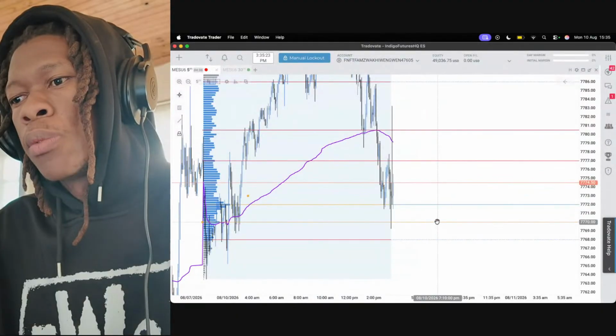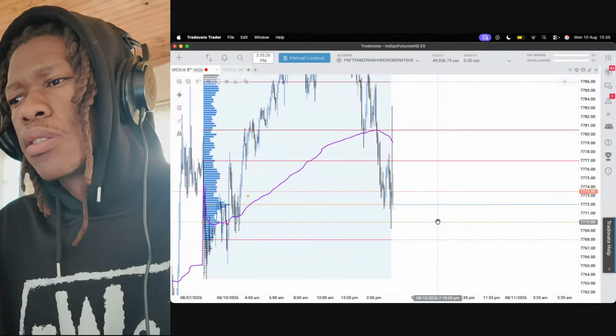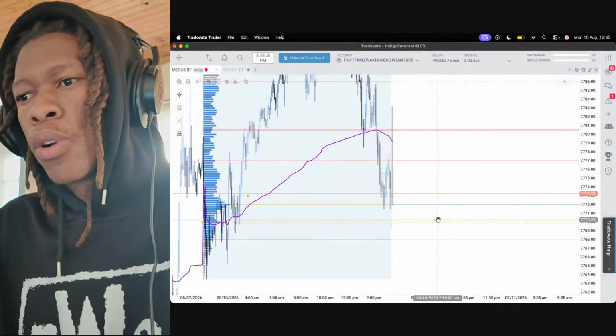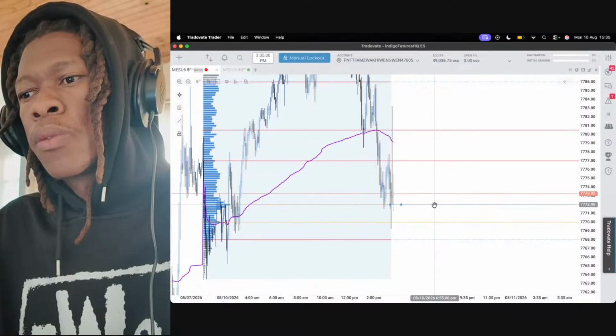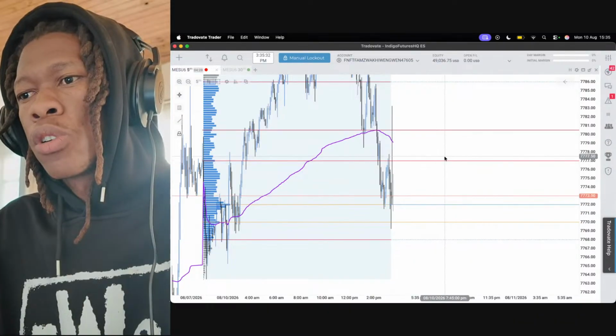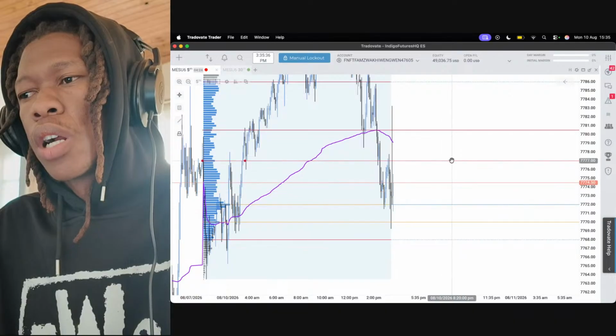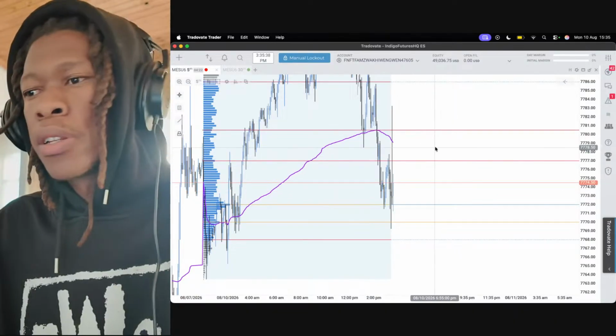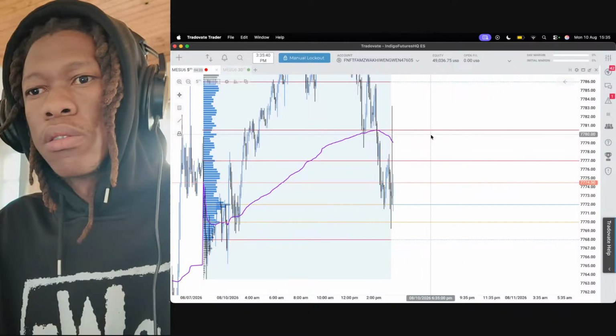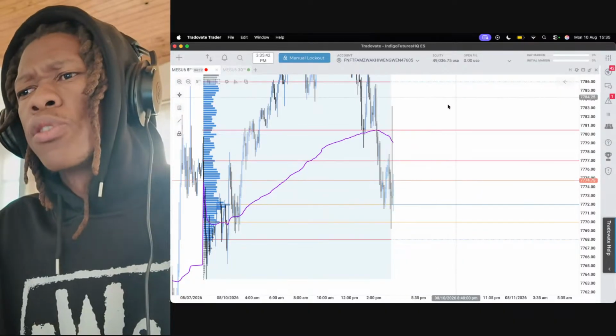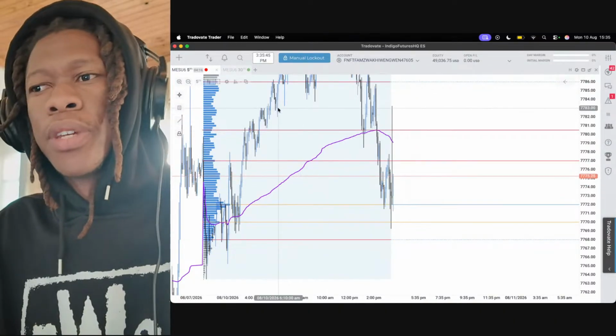Overnight value area low. I believe this is the previous week point of control. Overnight point of control, and I'm not entirely sure what this is or that. Previous day point of control, previous day value area high.